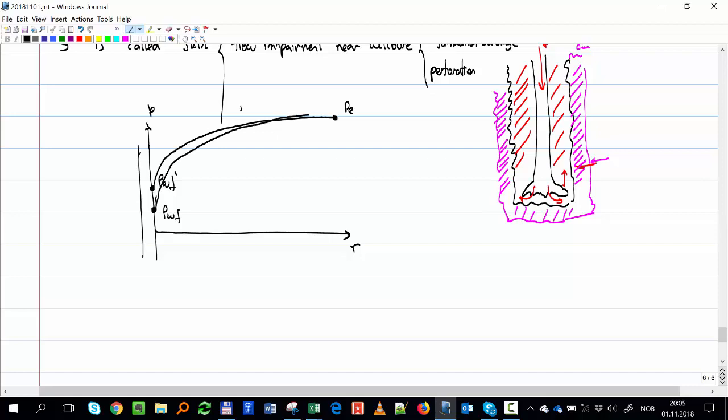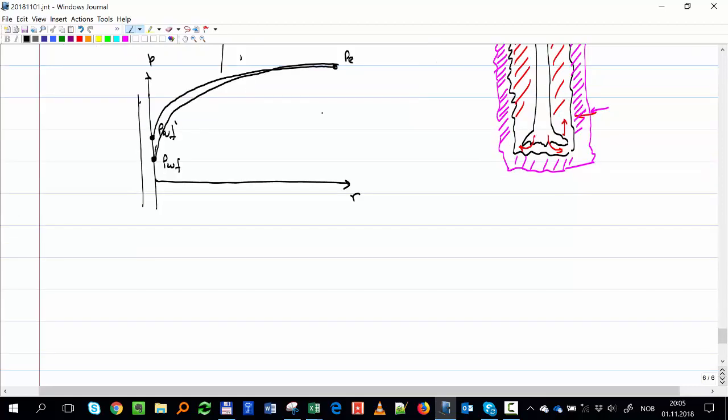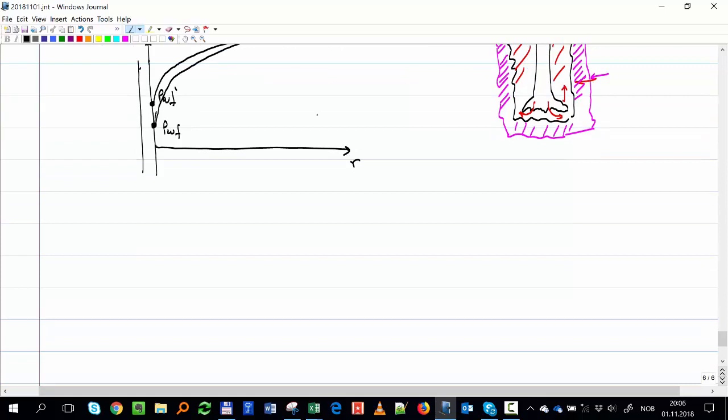So you have these two distributions. The first distribution, like we already discussed, PR minus PWF, is the ideal, without skin, without damage. And this is the real, with damage.